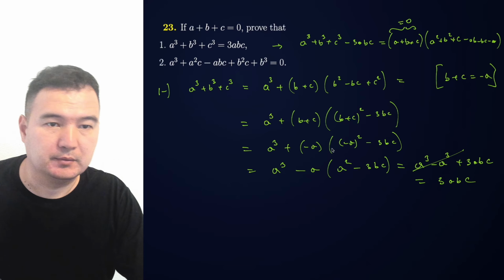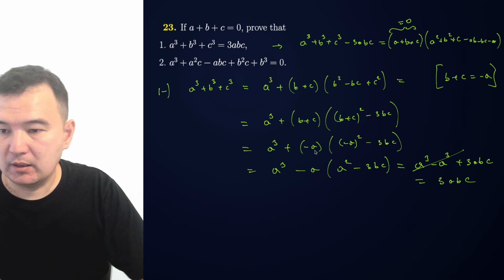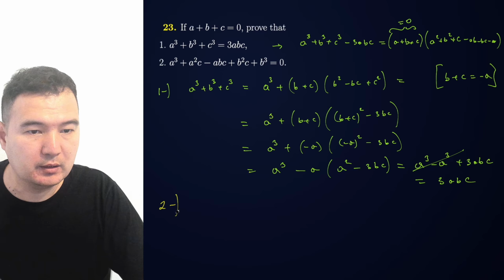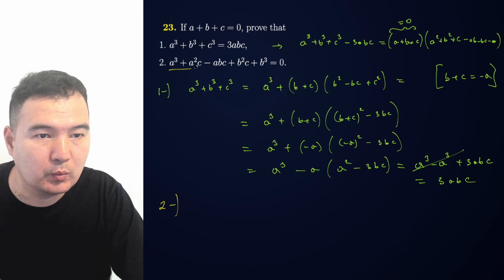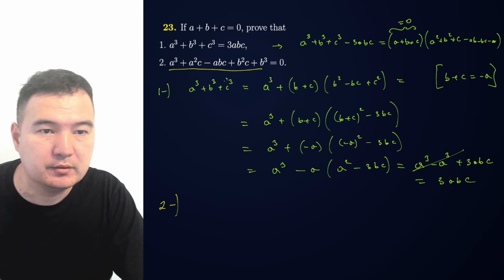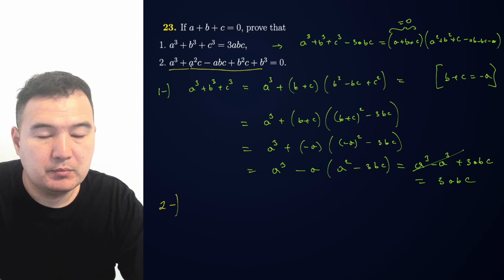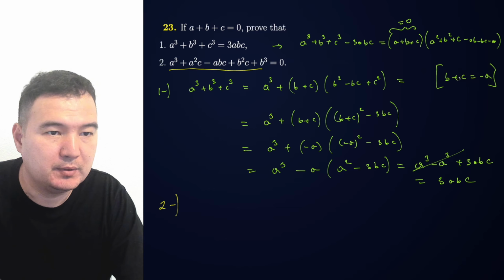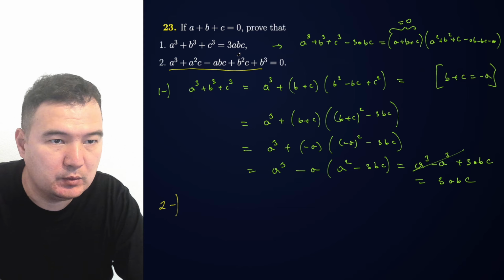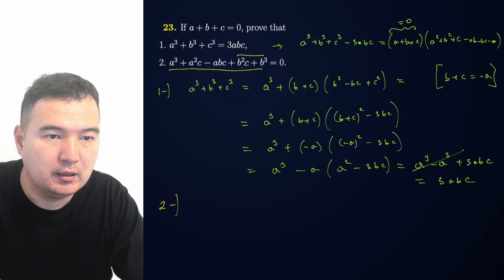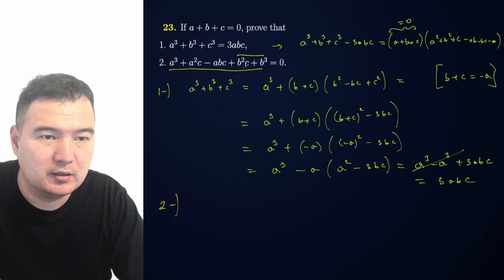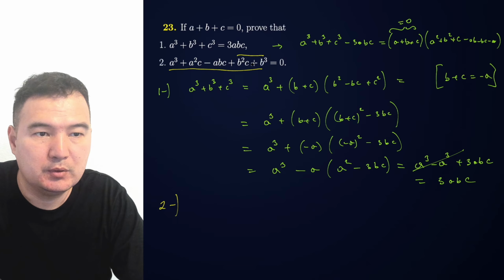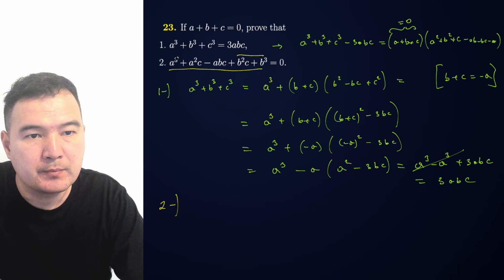That's the first part. Okay, now let's try to prove the second one. What can we do with this 3? Maybe, again, try to use something like this. B plus c, where do you see b plus c? You can see b plus c here, right? You can take out b squared, and then you're left with b plus c.